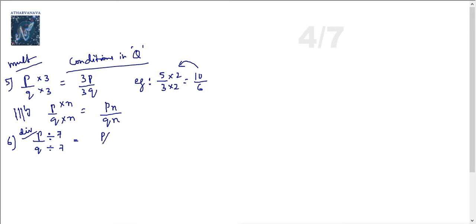I can write this as P by 7 by Q by 7. Can I write this as P by 7 into 7 by Q? I can reciprocate it, isn't it? 7 cancels, so I get P by Q back. But I don't want to cancel it, I just keep it like this. I can write 7P by 7Q, still the same thing as the previous one.